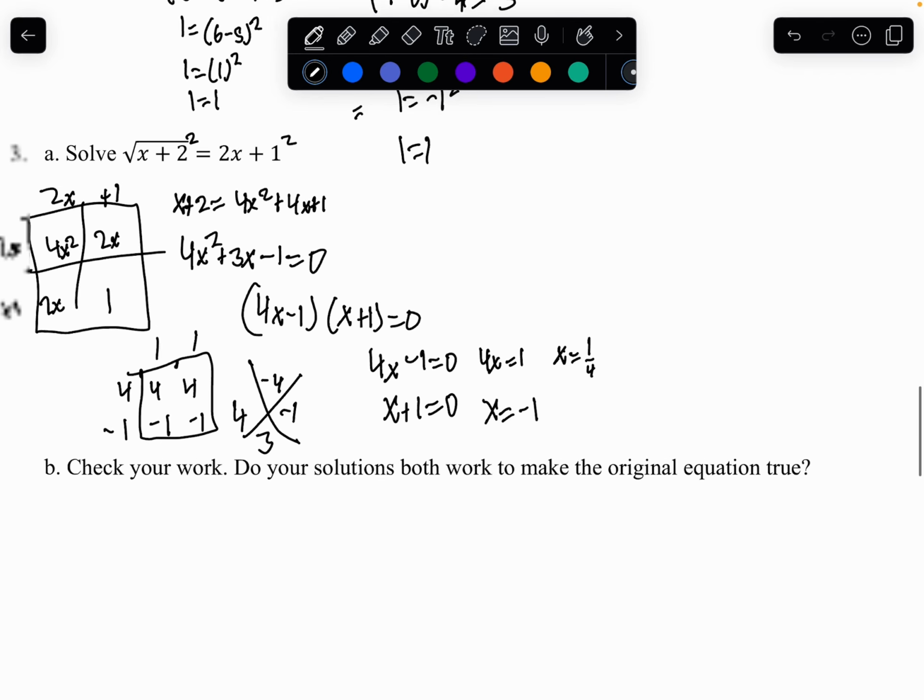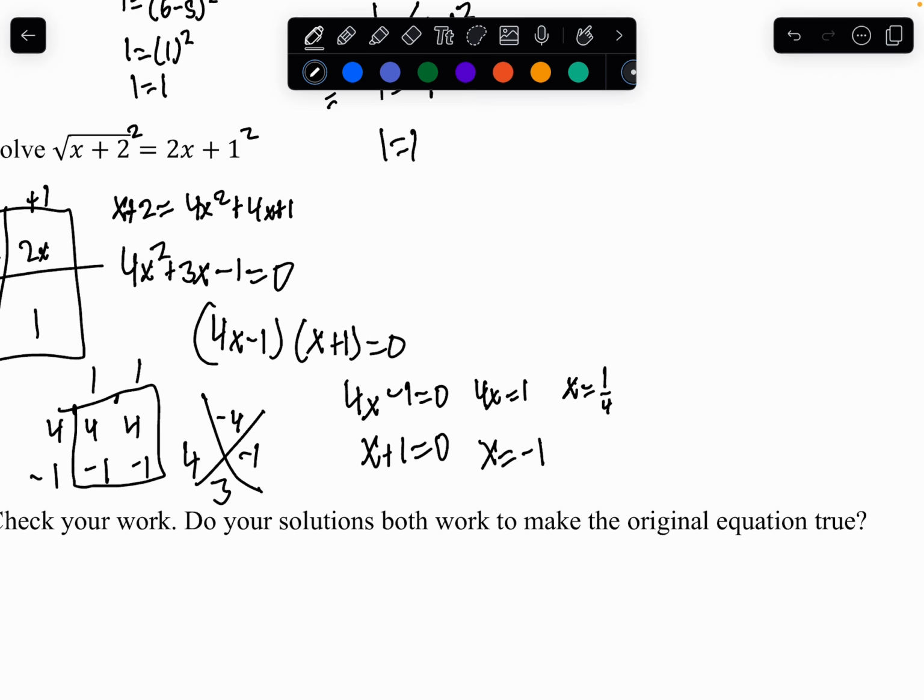Now, we can only have one true solution, because the square root of x plus 2 must be positive, and it has to equal the other side.